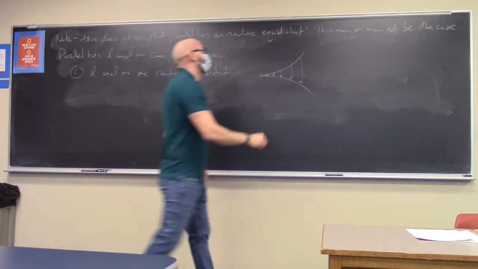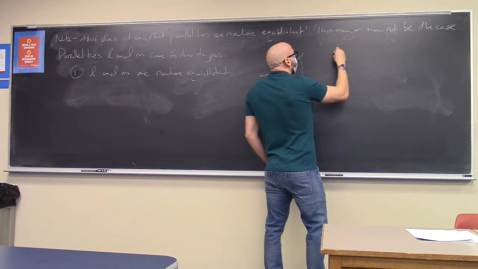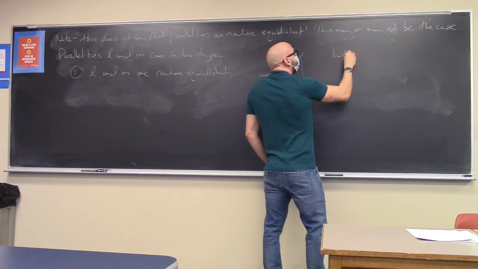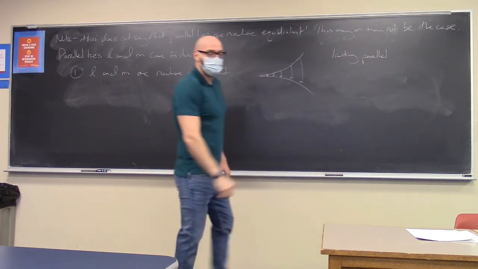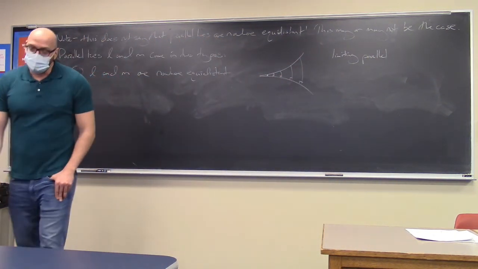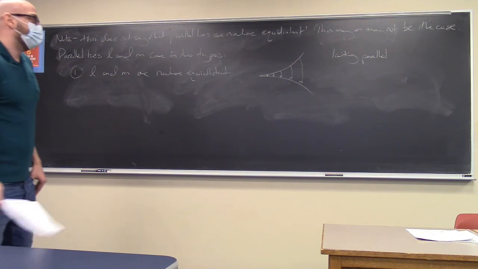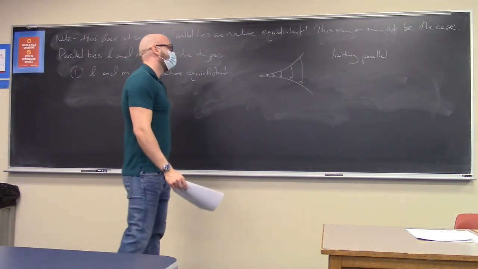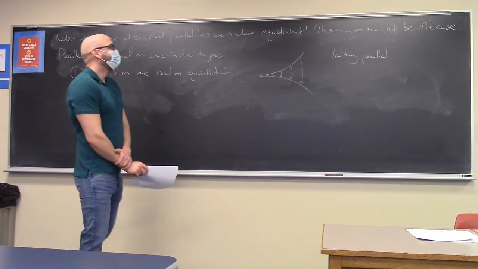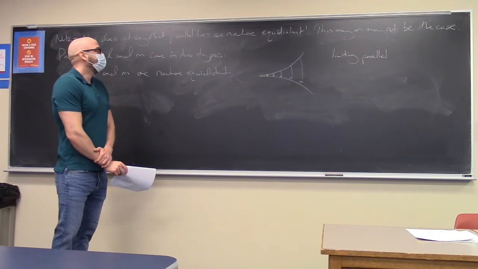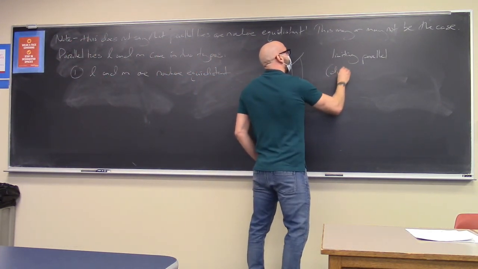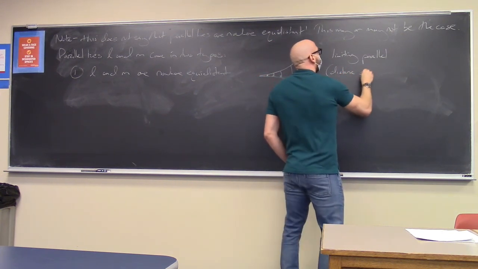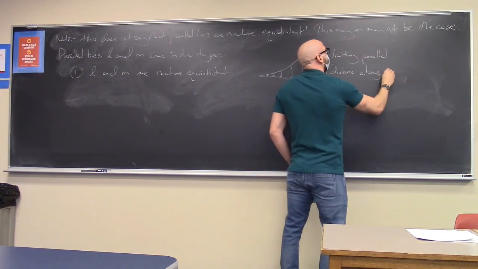So this is sometimes called limiting parallel, or asymptotically parallel, or quite a few different names because naming isn't entirely standardized in hyperbolic geometry. People have different names for different things. But the distance always increases.